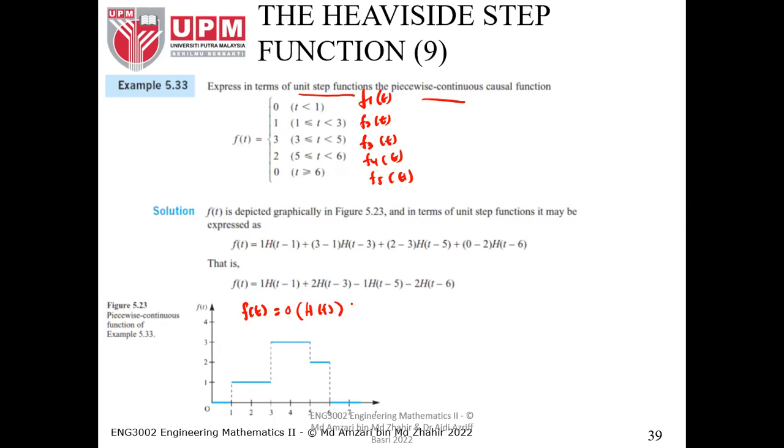Plus the second function, 1, times H of t minus 1, the limit of the starting point or previous point, 1. Plus the next function will be 3 minus 1, that's your function, with the Heaviside step function t minus 3. So you will take this one.